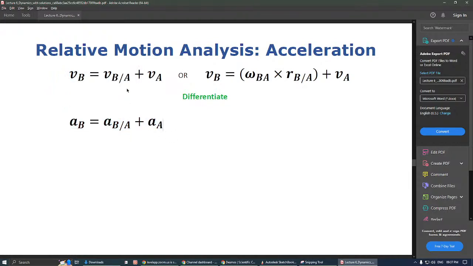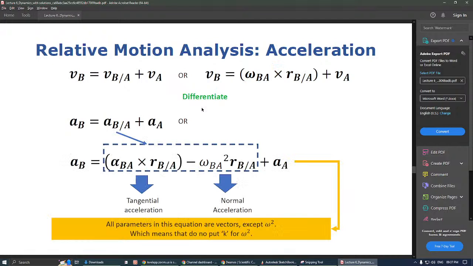Then VBA can be substituted like this, substituting VBA by omega BA into RB with respect to A. That term he is differentiating.